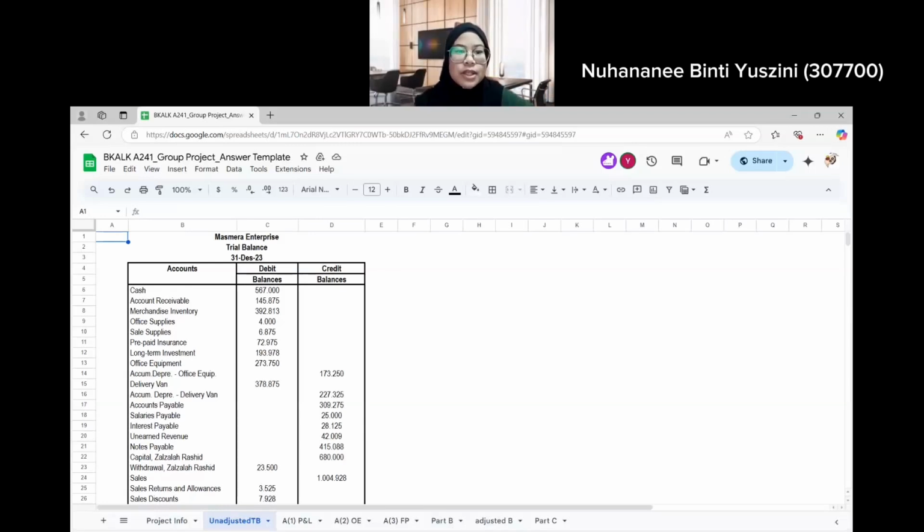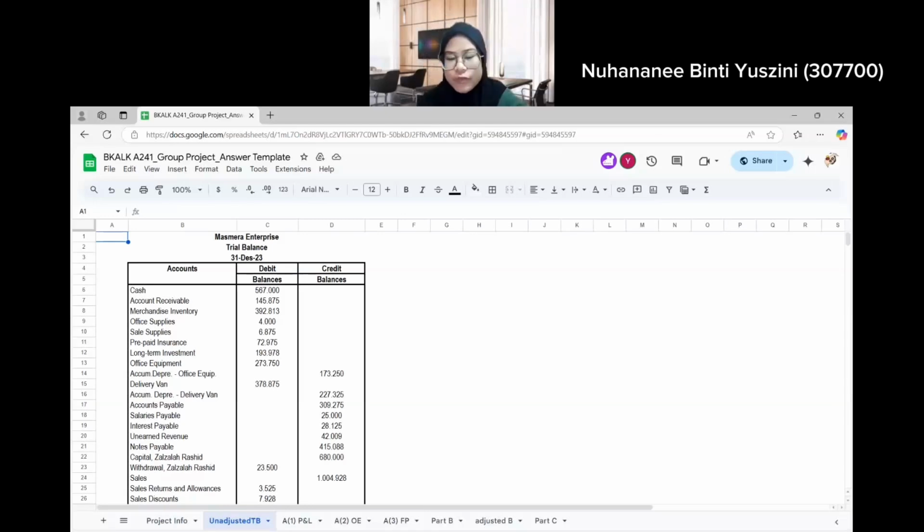So we can look at the unadjusted trial balance, starting with sales. Sales, of course, is in the sales compartment, and then sales return and allowance, also sales discounts. Next is advertising expense, which is an expense, of course. Also depreciation expense for office equipment and delivery van, and delivery van repairs and maintenance, also expenses.